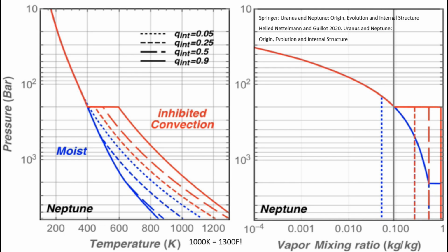Thus, the bottom of the atmosphere is the temperature of the outer regions inside the planet. In the case of Uranus and Neptune, that's about 2,000 Celsius or 3,600 degrees Fahrenheit. For Jupiter and Saturn, it's over 7,000 degrees Celsius or 12,000 degrees Fahrenheit.